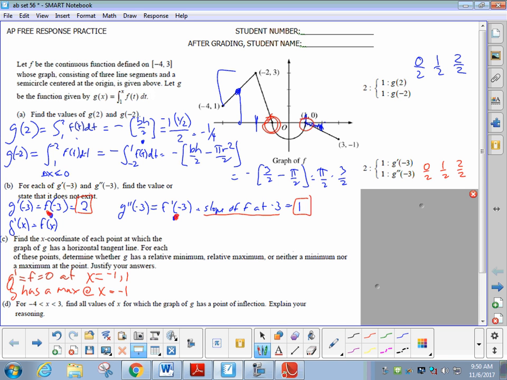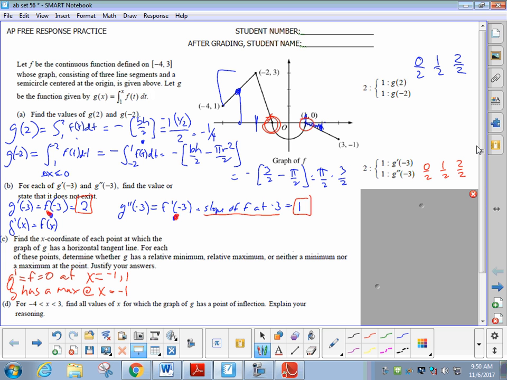Why not? Yeah, I don't know the y value of G. This is not G. This is F. And it doesn't say find the coordinates, the x and y of G. It says the x. And if you say -1, 0, you are out. That is not a point on G. That's a point on F. So please just answer the question and give no more, no less.